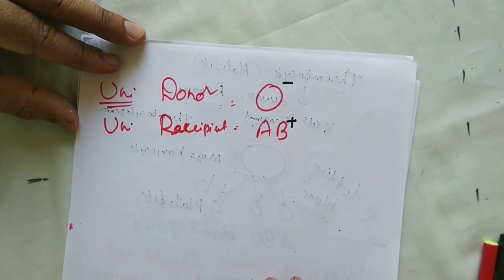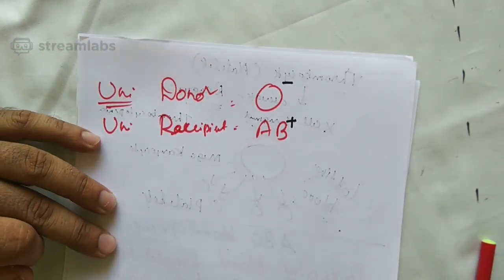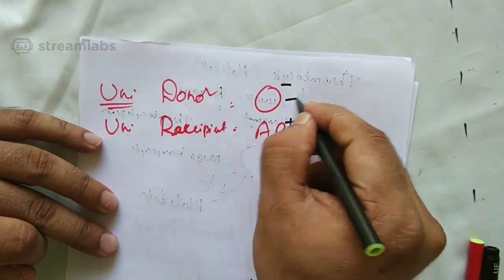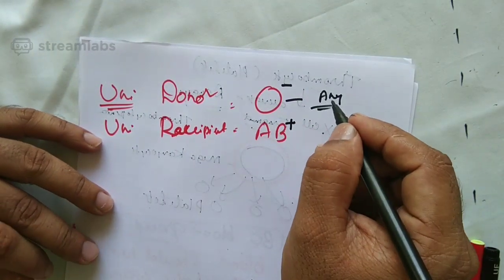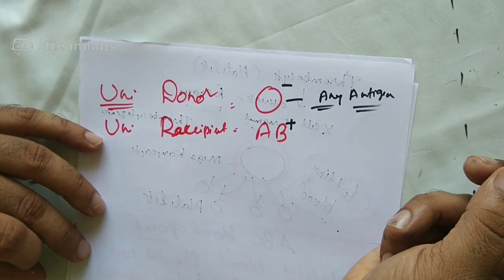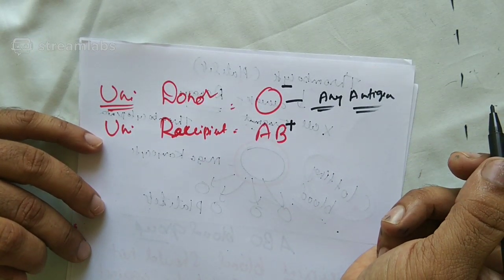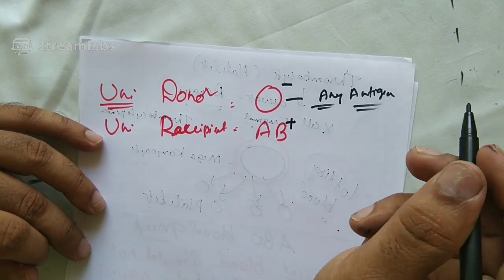Hope the matter is very clear for you. Why is he a universal donor? You tell me. Because he doesn't have any what? Any antigen. Clear? He doesn't have any antigen. But what about here?